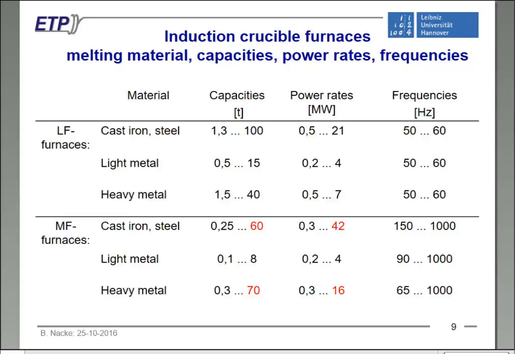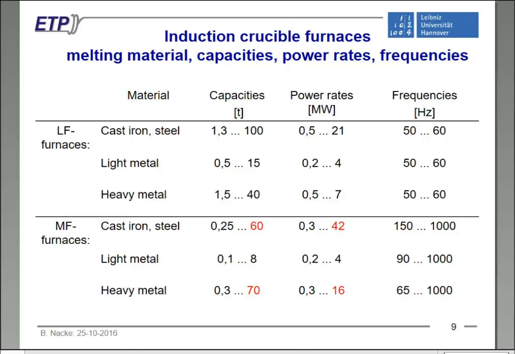For light metals, you see again it is less here. Light metals mean, of course, mainly aluminium alloys. Heavy metals, copper or brass especially, I know one big furnace installed in Italy, a 70-ton furnace with 16 megawatt. And taking into account that this furnace has an efficiency of only roughly 65%, that means 1/3 of this power is a cooling power for the coil.